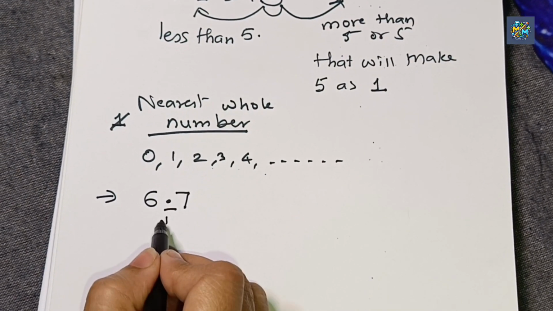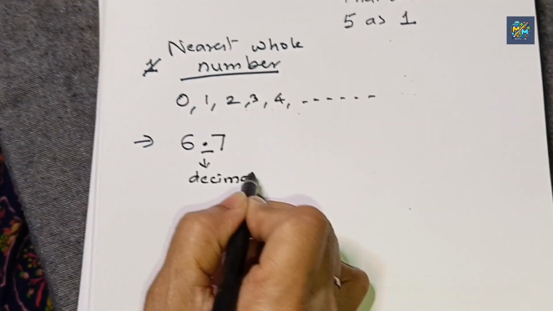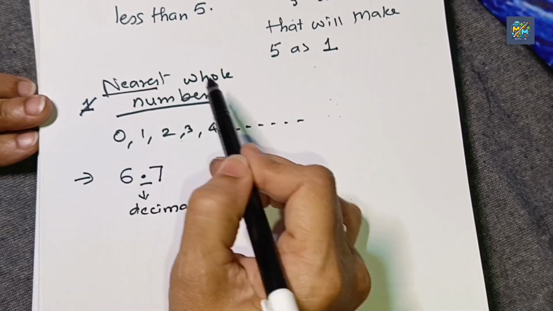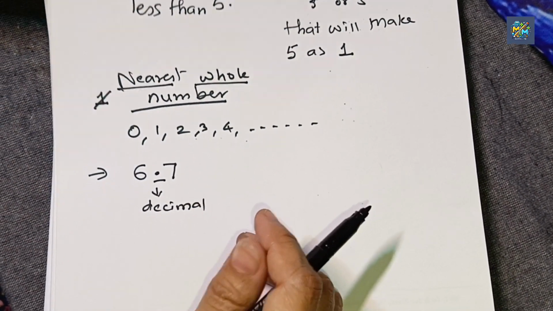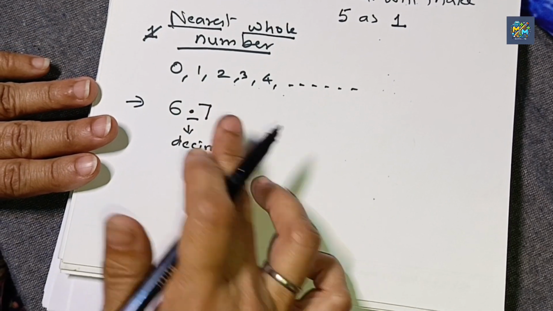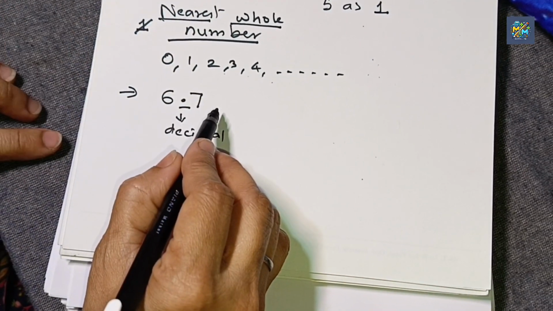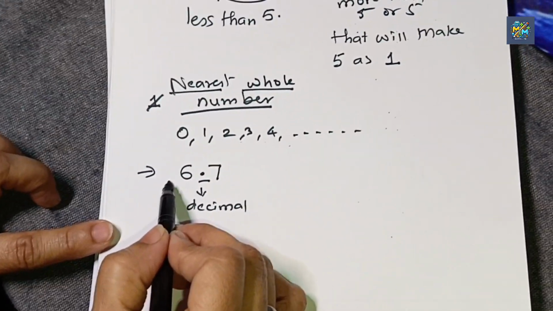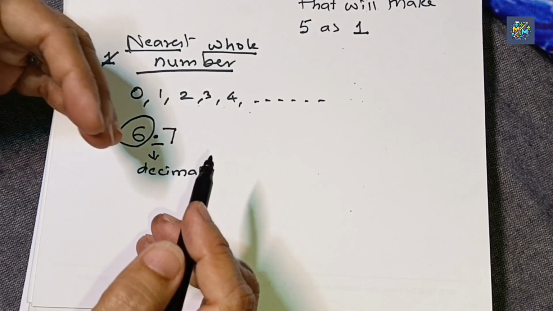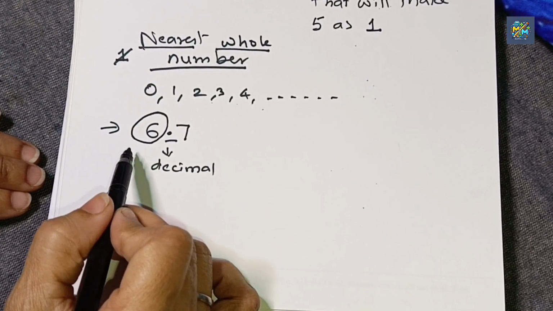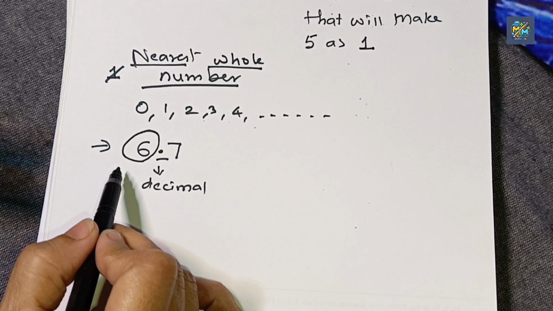Here the point means decimal. So I have to remove the number after the decimal and present the answer as a whole number. The number before the decimal is considered the whole number.